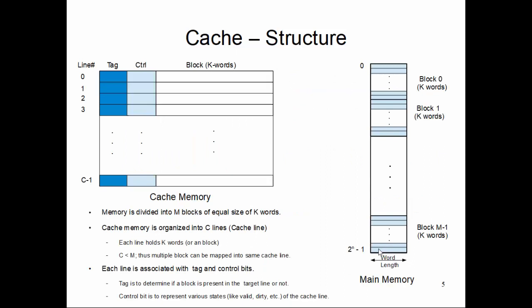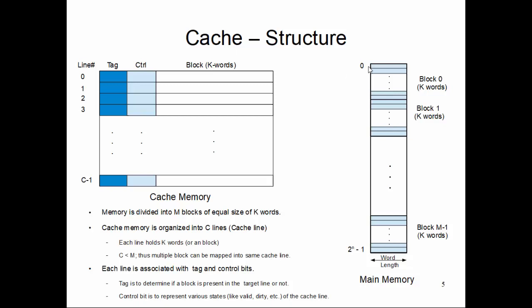Now the cache. To understand the concept, we need to first understand the concept of blocks. Let's say I have n address lines, like an n-bit address. That means I have 2 to the power n addresses.